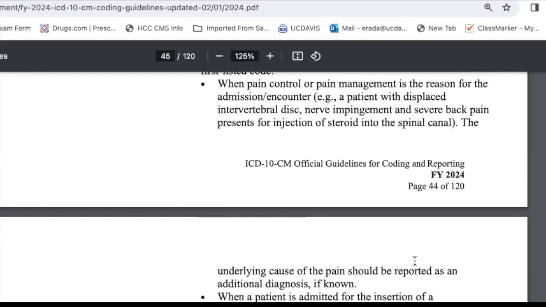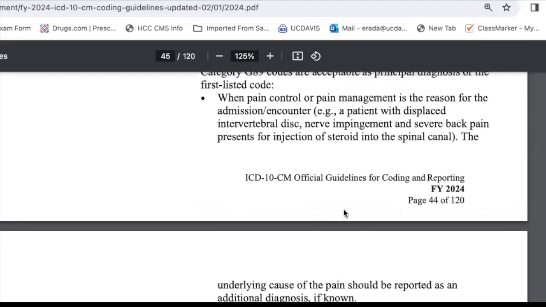Okay, so what basically is being talked about here, guys, is understanding what is the reason, what's the purpose of the patient's visit. Obviously, if a patient goes to a pain clinic, the patient is seeking treatment to diffuse that pain, right? So it does make sense.